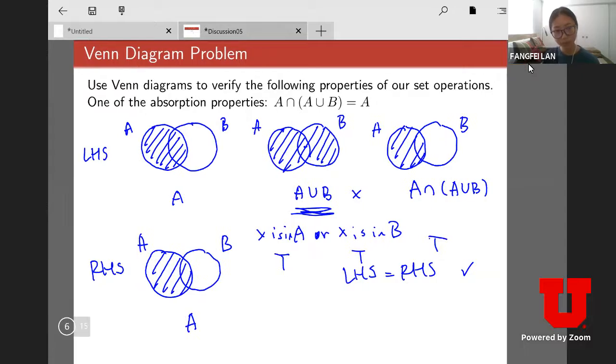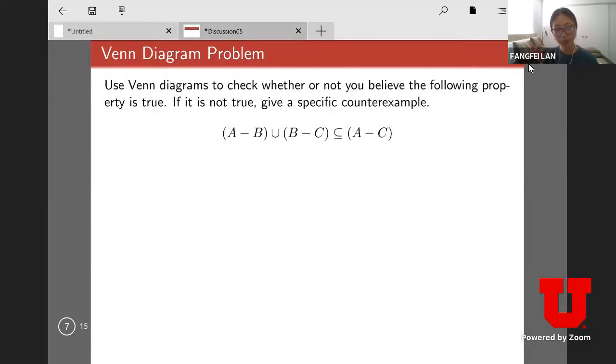Okay, we're gonna keep going. So another Venn diagram problem: use Venn diagrams to check whether or not you believe the following property is true. If it is not true, give a specific counterexample. What do we think?